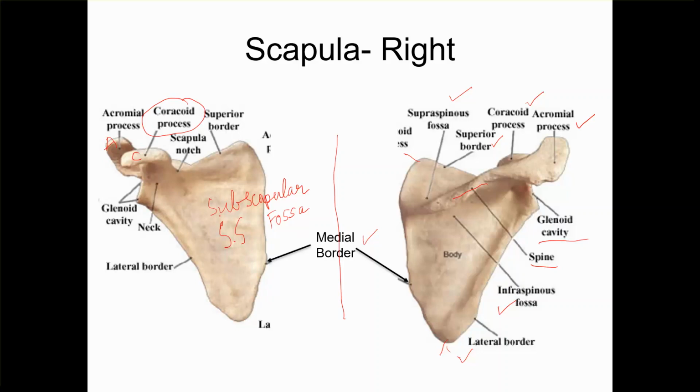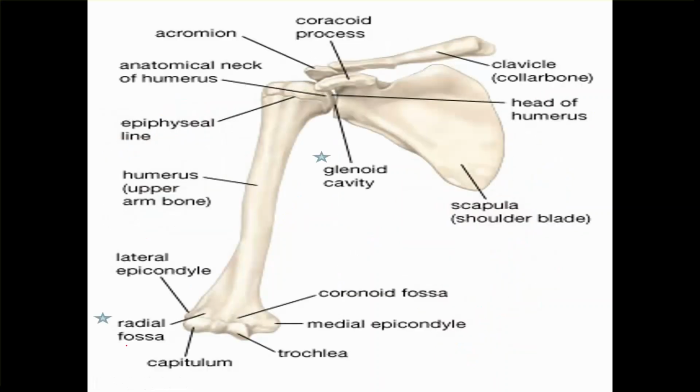Next, this region is also called the neck of the scapula. Let's move on. So here we can see how it articulates with the humerus and clavicle. It articulates, that is, it forms a joint. The glenoid cavity will articulate with the head of the humerus. This is called the head of the humerus, and it forms the shoulder joint.